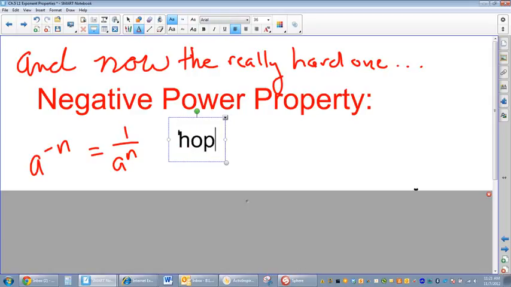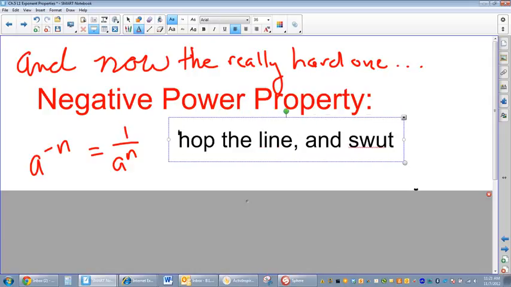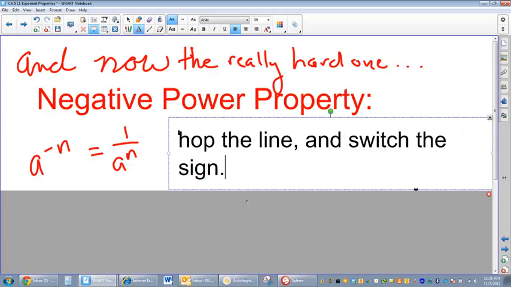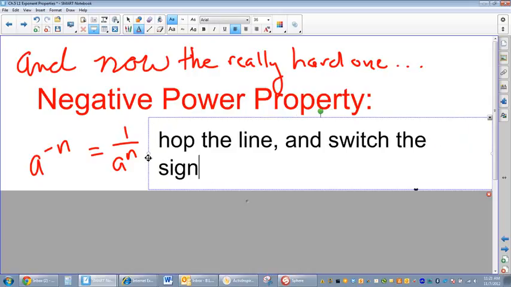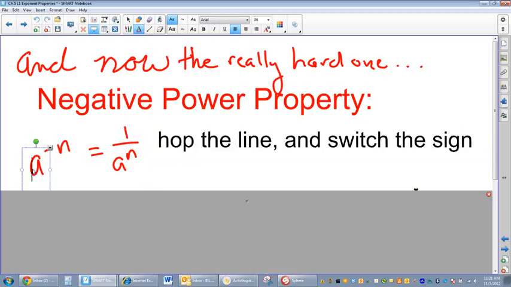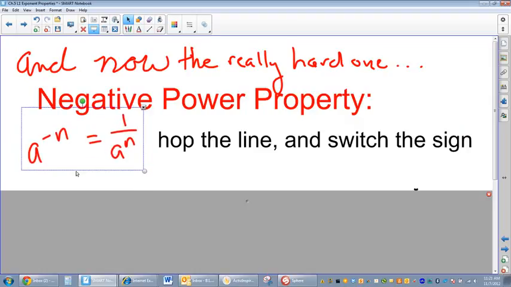We're going to hop the line and switch the sign. Here's what that means. So if we look at our example over here, we can write this as a to the negative n over 1. So when it says hop the line, this is the line.